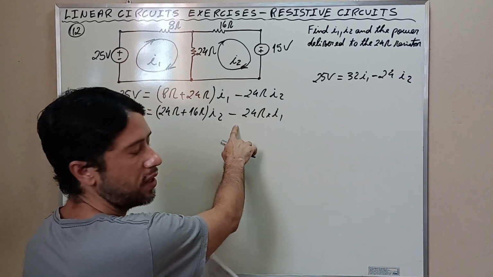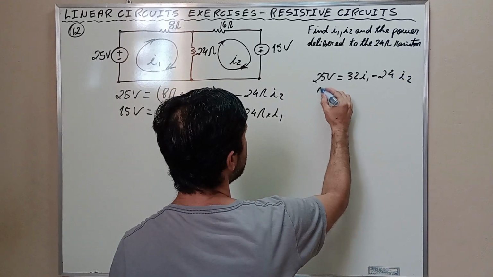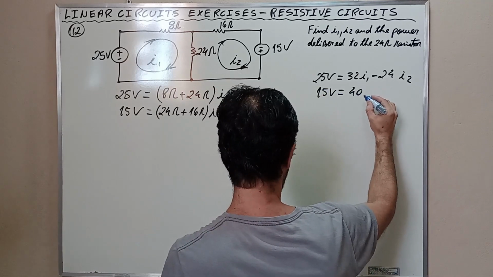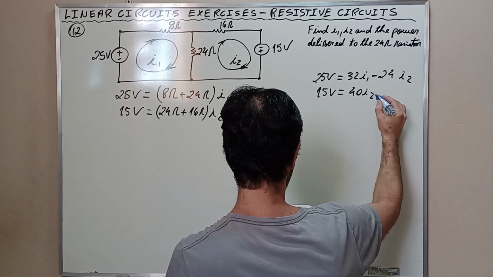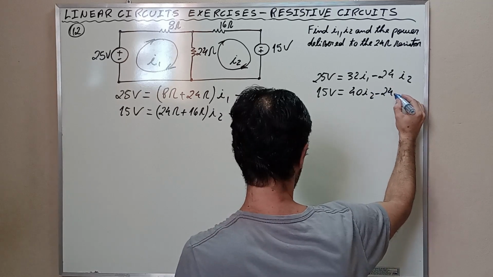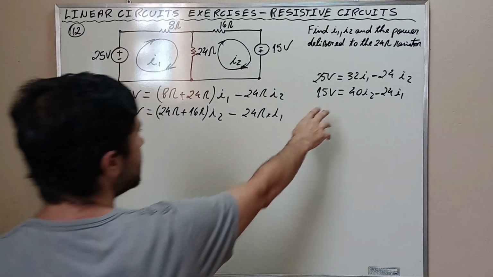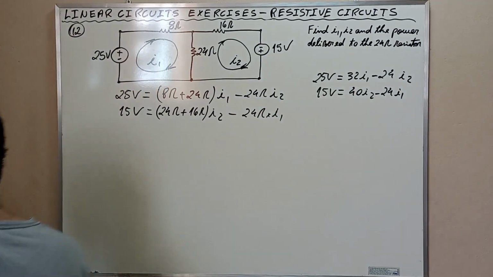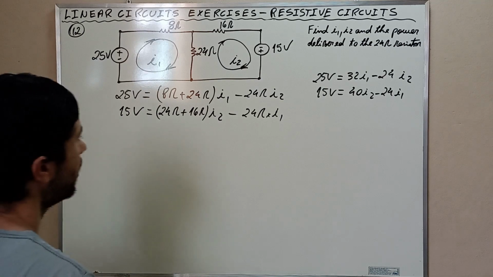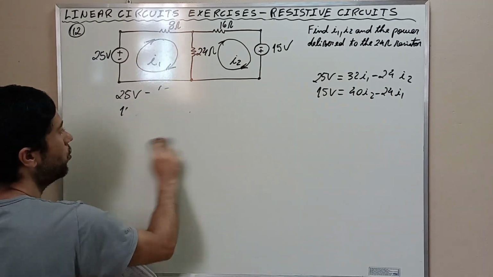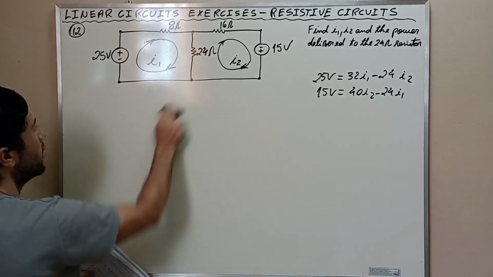And for this we find that it is 15 volts equal to 40 times I2 minus 24 times I1. Okay, my friends, these are the simplifications of these equations here.